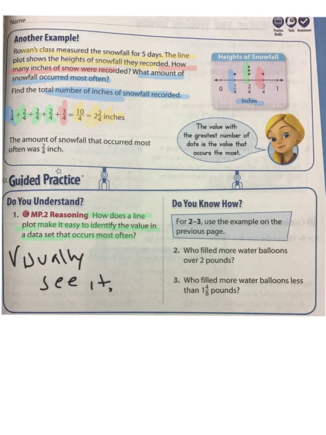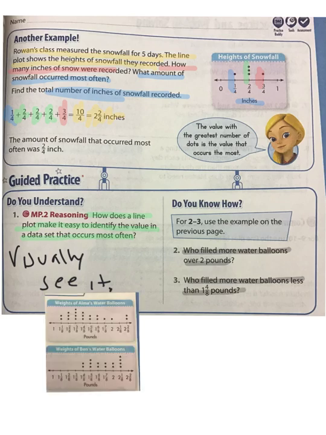So if you can visually see it, it makes it easier. All right, go back to the other line plot on the previous page to answer these questions. We want to find out who filled more water balloons over 2 pounds and who filled more water balloons less than 1 4/8 pounds. To answer this question, I brought the line plot over from the other side.